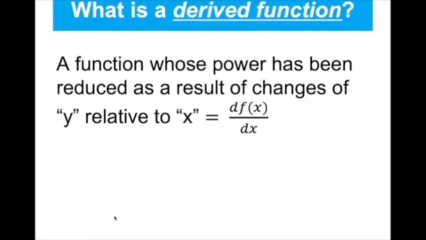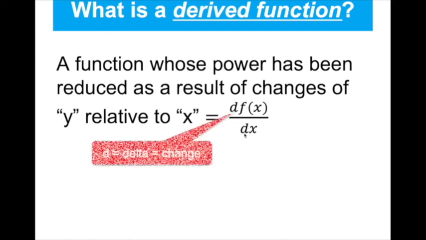Okay, lastly, what is a derived function? A derived function is a function whose power has been reduced as a result of changes of y relative to x, meaning it is equal to d f of x over dx. D means delta, which is equal to change. And notice that this is the formula to find a slope. You see, change in y over change in x.